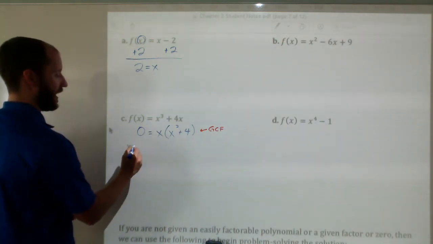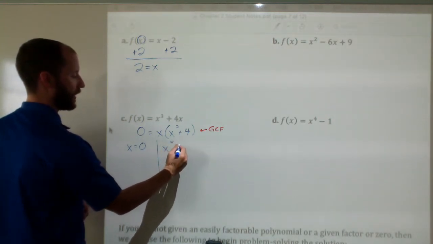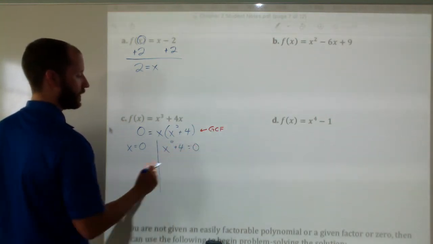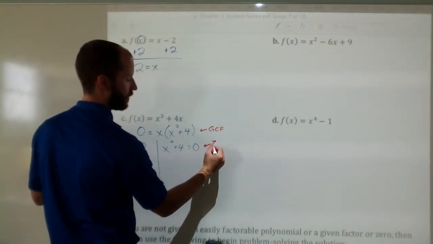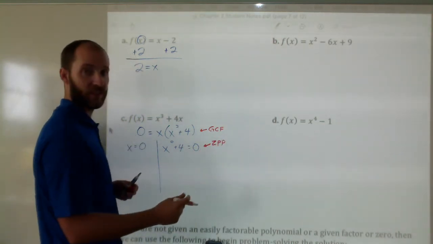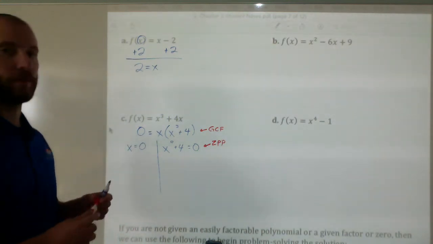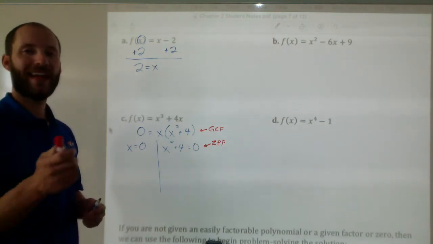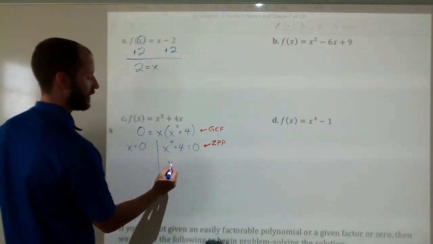That means x equals 0, or x squared plus 4 equals 0. What we're using right here is the ZPP, zero product property. If you have a product of terms equaling 0, any one of those terms could equal 0. And then solve from here using inverse operations.